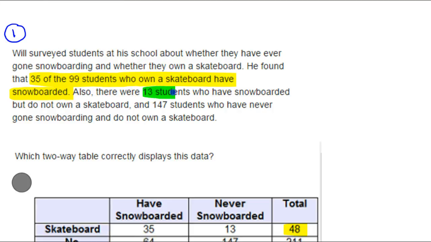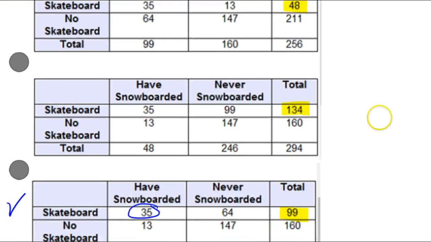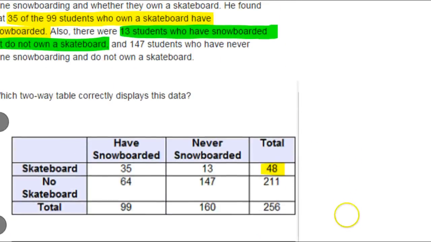There were 13 students who have snowboarded but do not own a skateboard. These are the 13 students who have snowboarded, as you can see because of this column, but do not own a skateboard because of that column. So that matches as well.